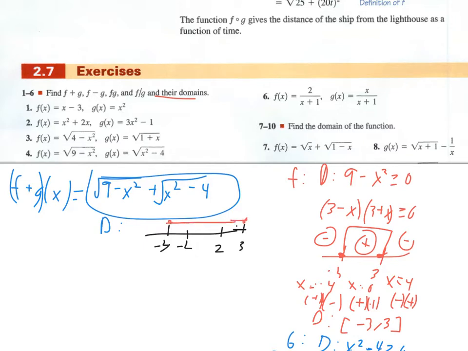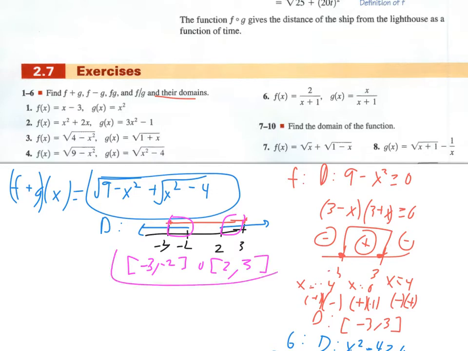The red one is in between here, and then the blue one is going this way and that way. So we see the only space that has both is this area right here and this area right here. So that is our domain, -3, -2, union 2, 3. Awesome.